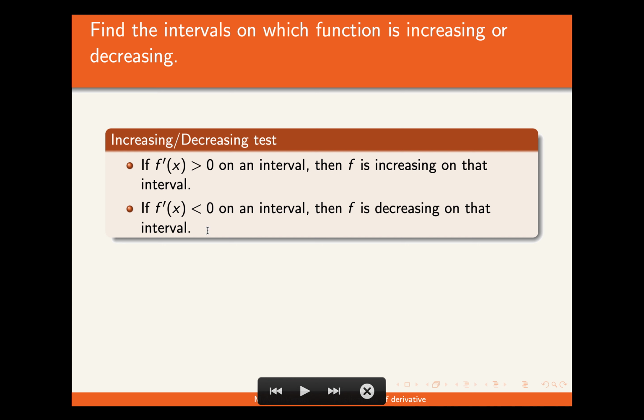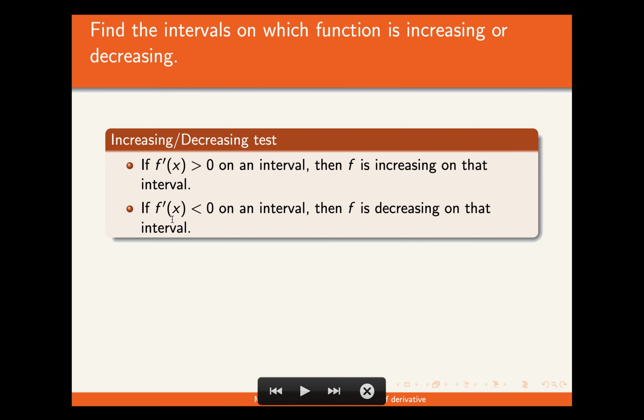Once you figure out that the derivative of the given function is positive on an interval, the increasing/decreasing test says that on that interval the function is increasing. Does that make sense? If the derivative is positive on a certain interval, then we can say the function is increasing on that interval.